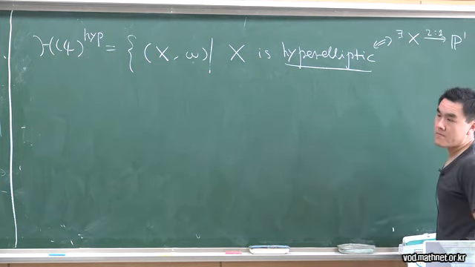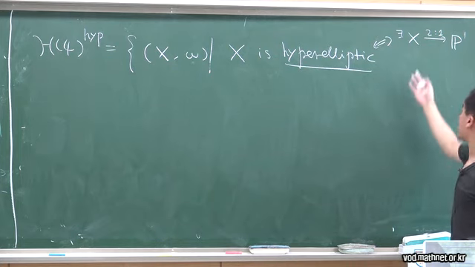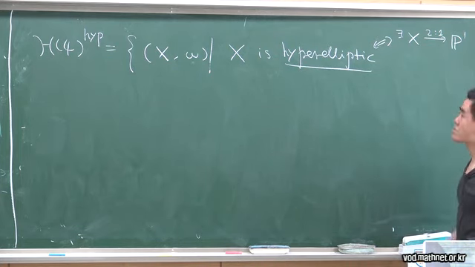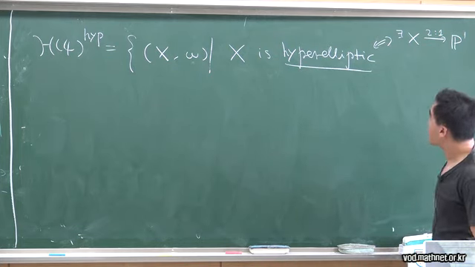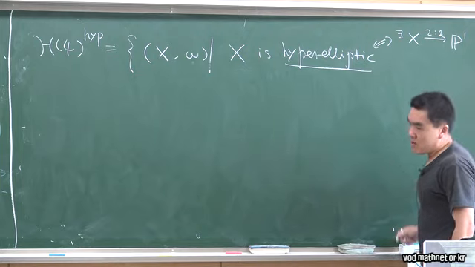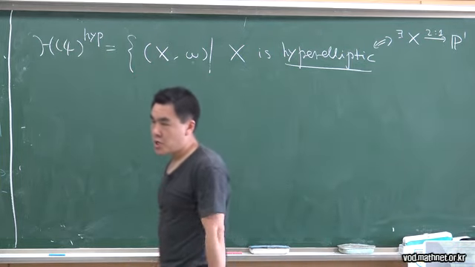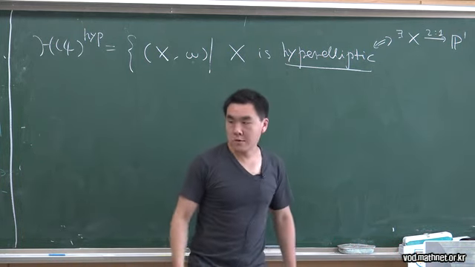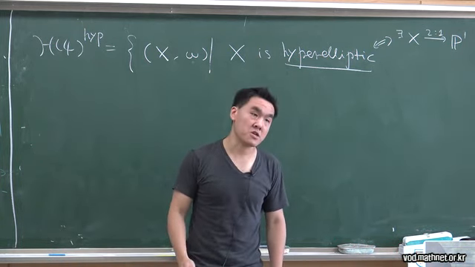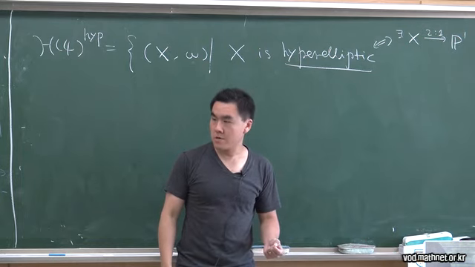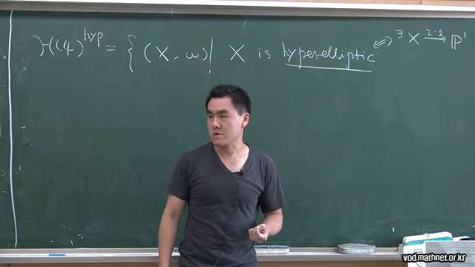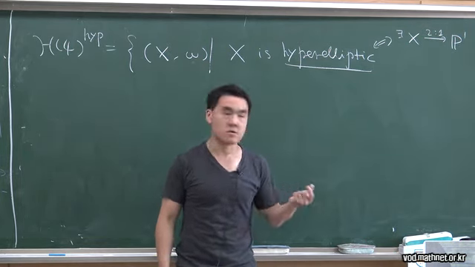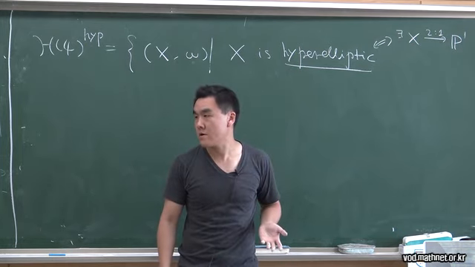This is called a hyperelliptic double cover. It's a 2-to-1 cover. And if you have a double cover of P1 by a curve of genus g, by the Riemann-Hurwitz formula, there will be 2g plus 2 ramification points in X. These are called Weierstrass points of the hyperelliptic curve X, or just the ramification points of this branched cover.